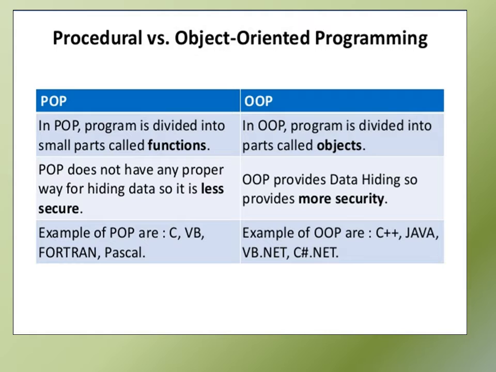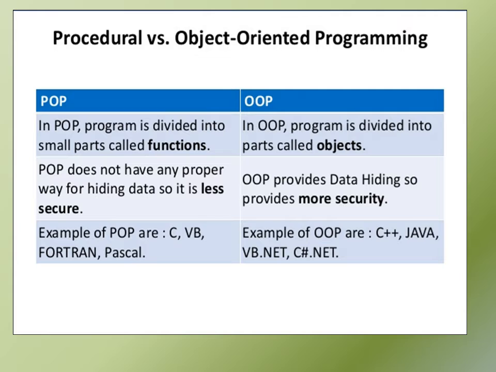In procedural we call the part a function, but in object oriented we call it an object. Second point, procedural programming does not have any proper way for hiding data, so it is less secure, as we cannot hide the data, so it can be accessed from anywhere, so security is less. But in object oriented there is a characteristic of data hiding, so it provides more security than procedural.